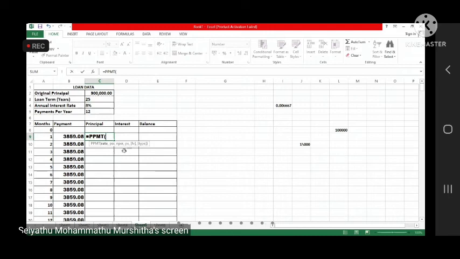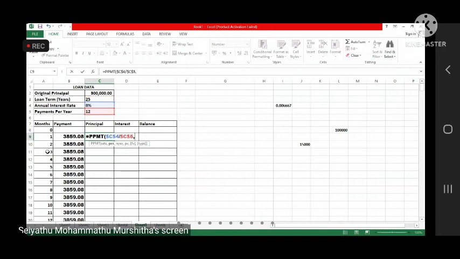Now it shows rate, comma, period, comma, number of period, comma, present value. So what is the rate here? 8%. T4 divided by T5. Understood? Yes, ma'am. Okay, so we have to absolute this one, never change.